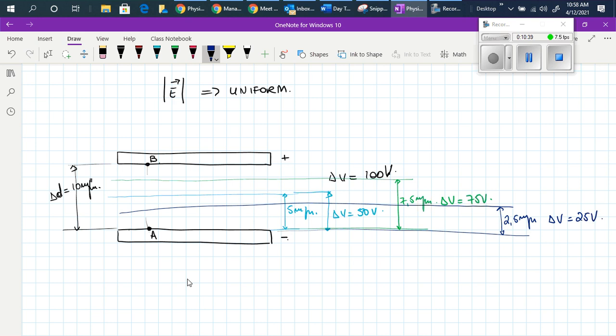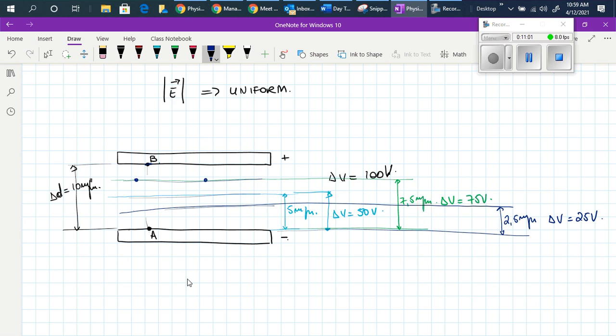And when you are at point B, that is 10 millimeters away, then the change of voltage will be 100 volts.